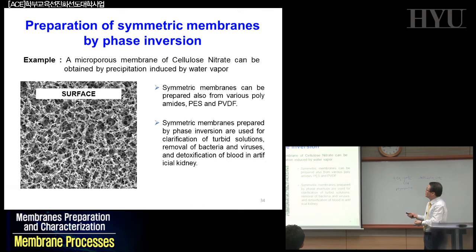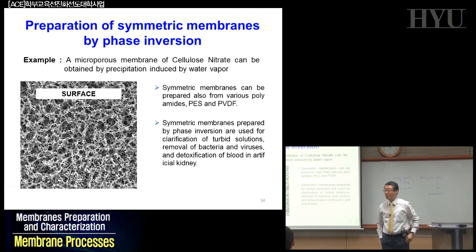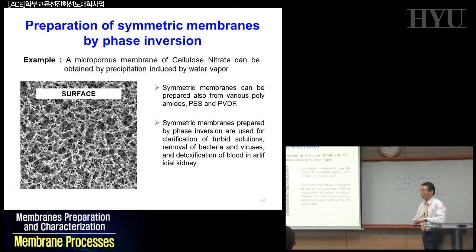And this was induced by water vapor in this case, by the VIPS process. So these are examples of symmetric membrane, in this case symmetric as well, particularly from VIPS. Depending upon the density of your water vapor exposure, you can make a less porous or more porous membrane in this way.